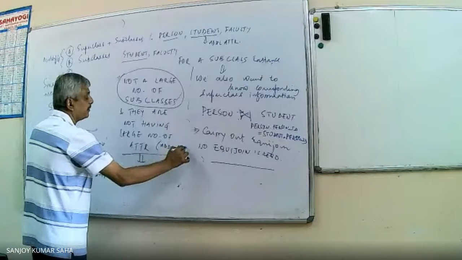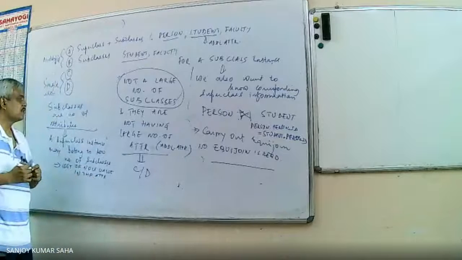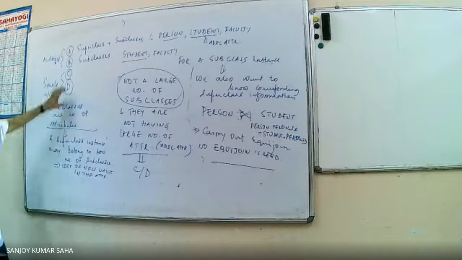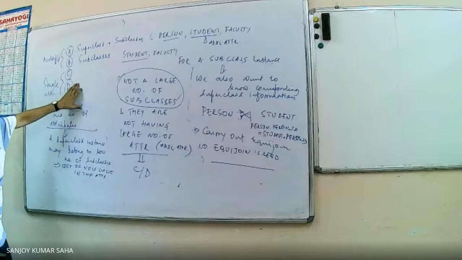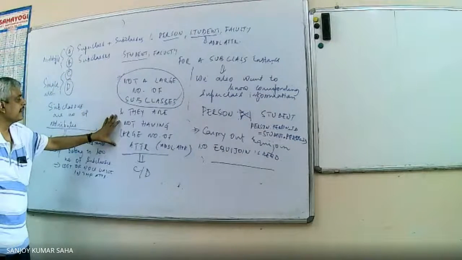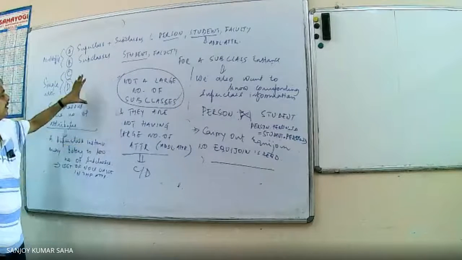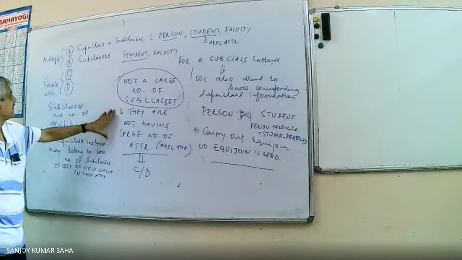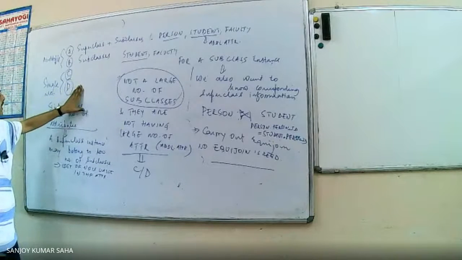Then only we can think of these. Again in these models, if it is a partial participation, then lots of null values will be there. So that's why these kinds of constraints are required. If the situation satisfies these things, then only we will think of C and D.